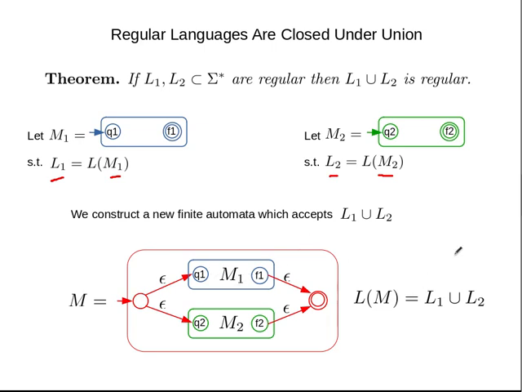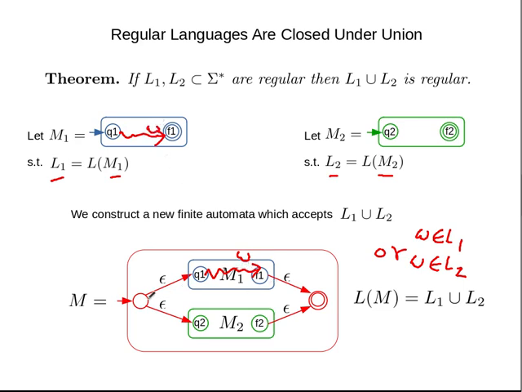When is some w in this language? If it is either in L1 or in L2. If w is in L1, then it is also accepted here, because that means there is a path from here to here on w.